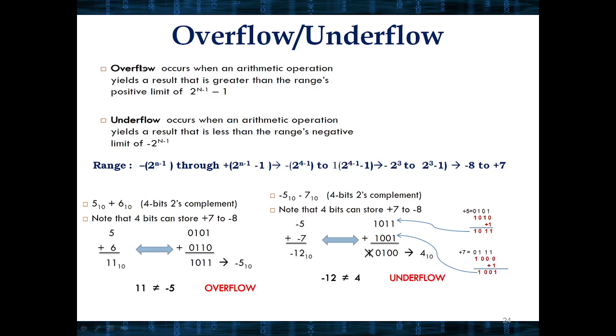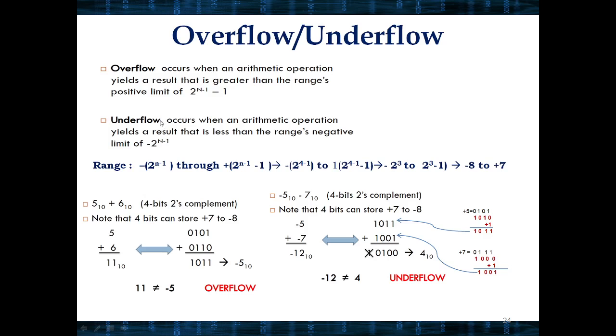So an overflow occurs when an arithmetic operation yields a result which is greater than this range. For example, for a 4-bit number, n value is 4. So 2 to the power 4 minus 1, that is 2 to the power 3. 2 to the power 3 is 8. 8 minus 1 is 7. So if the result is more than 7, then that is an overflow.